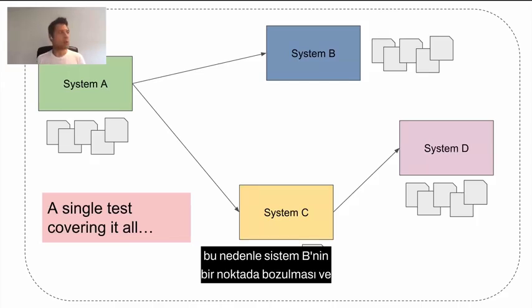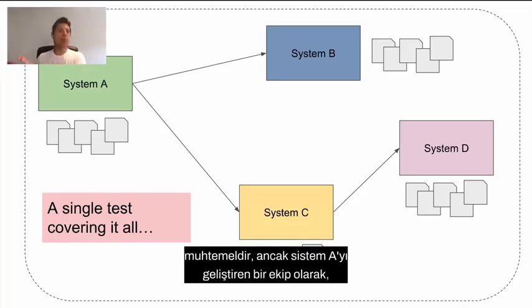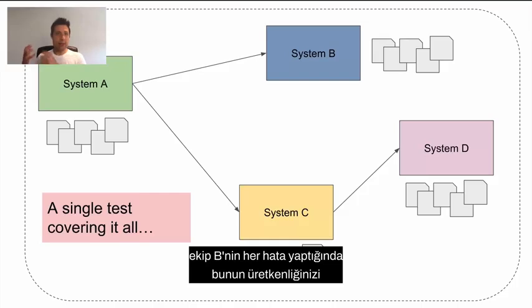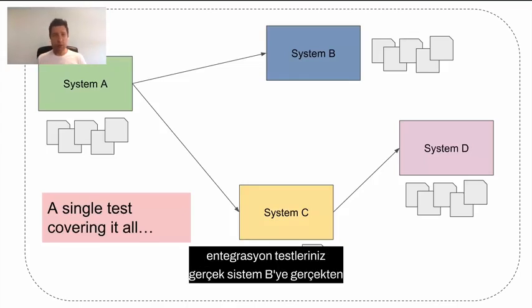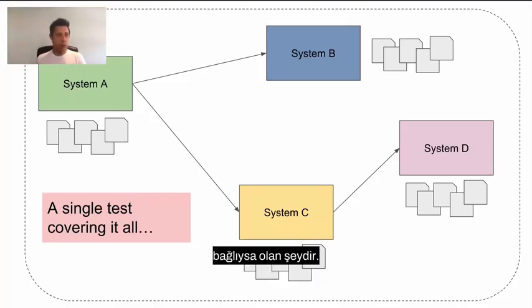So it's likely that at some point system B will break, and their build will be crashing, and they will have to fix their build. But as a team developing system A, you don't want every time team B makes a mistake that this affects your productivity, which is sort of what happens if your integration tests truly depend on the real system B.